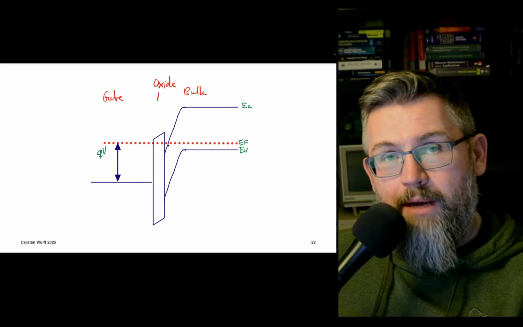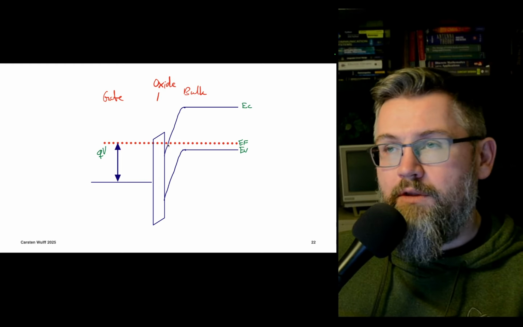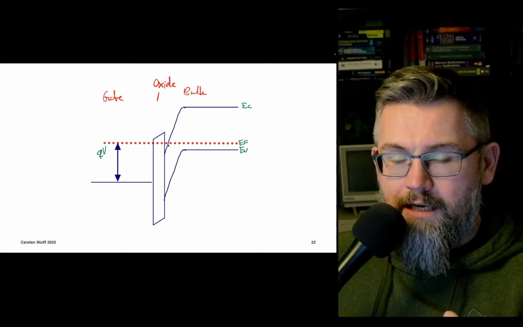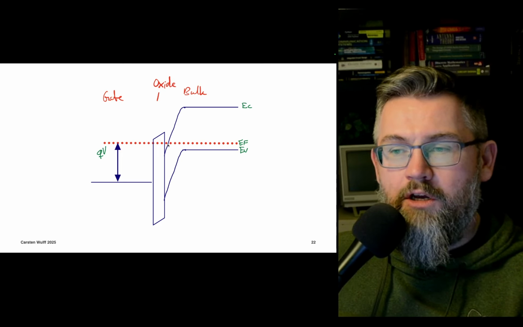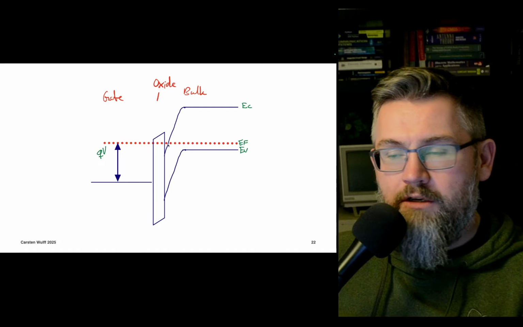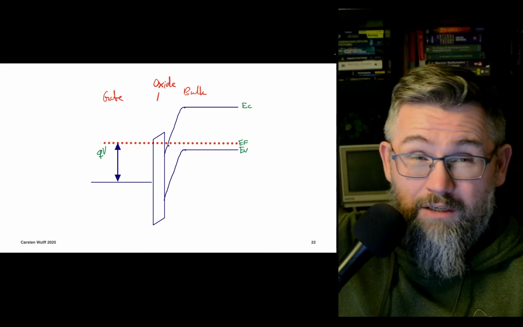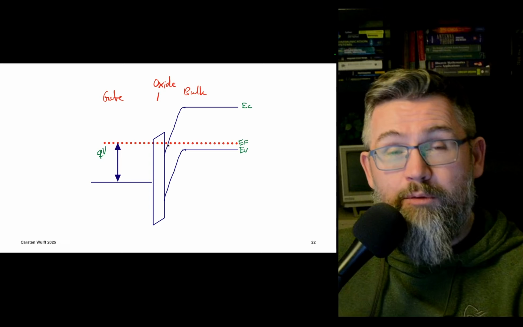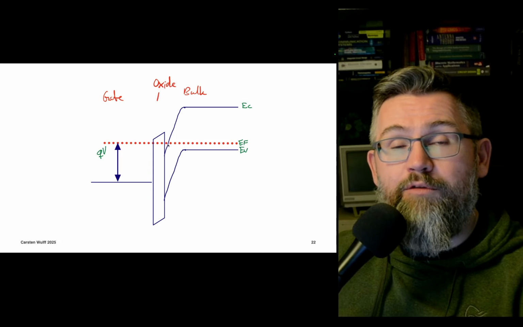Because if we remember back to how we compute the density of charges, we take the integral of the conduction band to infinity of the density of states, and we multiply that by the Fermi-Dirac or the Fermi function.